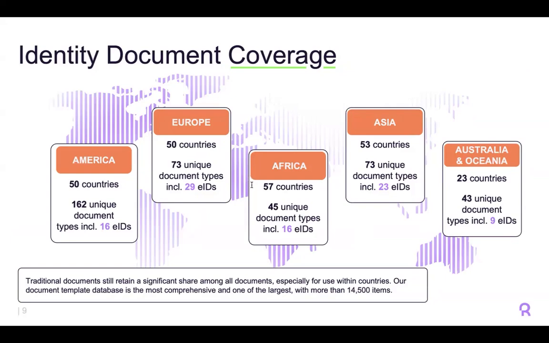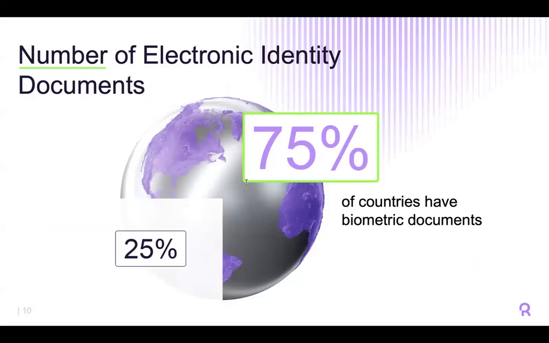At Regular, our technologies currently cover biometric documents from 178 countries and territories, and we actively add new ones as they become available. It is important to note that even though 75% of countries, it's an approximate number, have started issuing biometric documents, there are very few statistics available on the split between traditional documents and biometric ones that are currently in use.